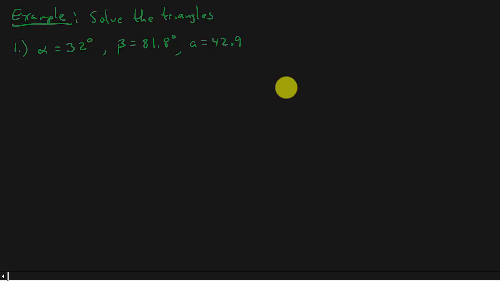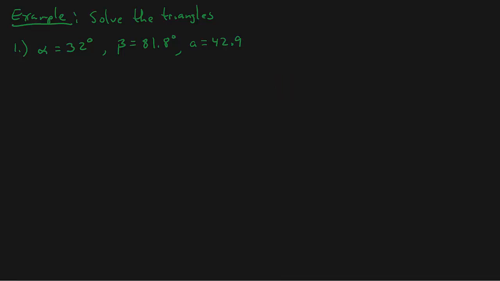Let me finish the statement: never use the law of cosines unless you have to. That's how you want to think about going into these problems. We're not going to use it unless we're forced to. All right, so let's go ahead and get started.